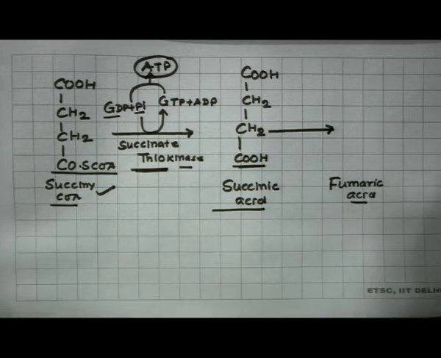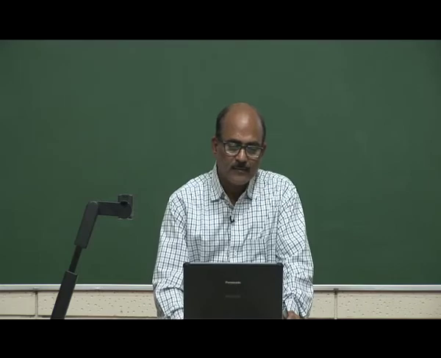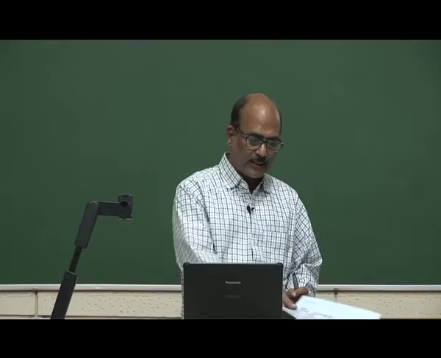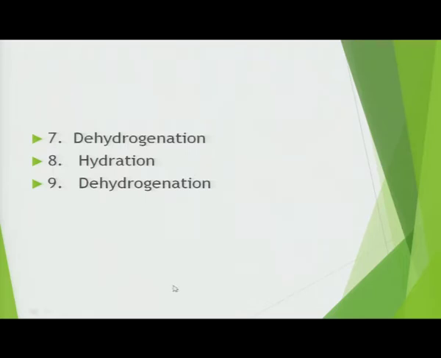This is the 6th step reaction, called substrate level oxidation, from succinyl coenzyme to succinic acid. Next, the seventh step of the Krebs cycle, that is dehydrogenation.